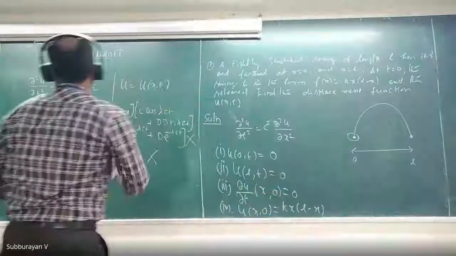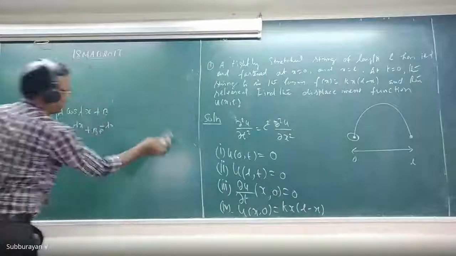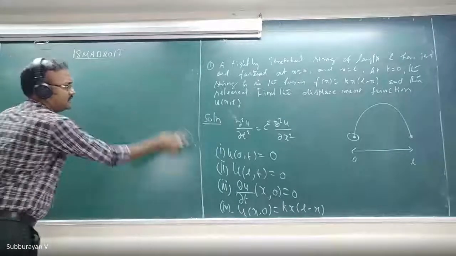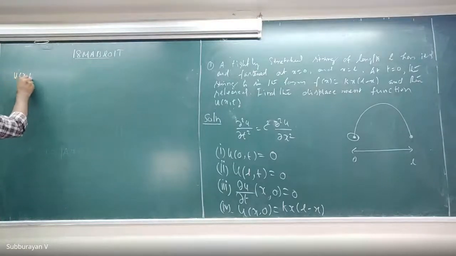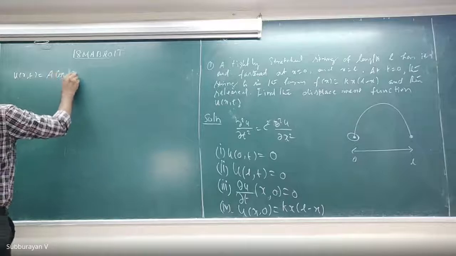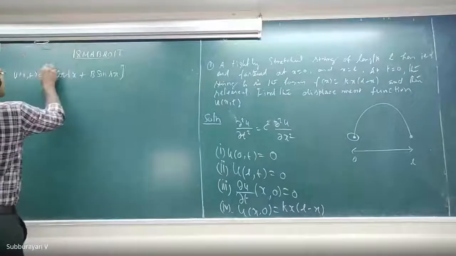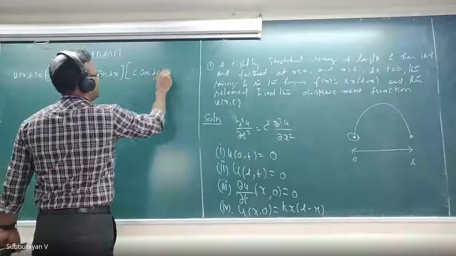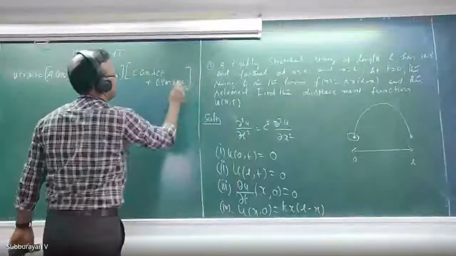As we know, the suitable solution for the above problem is u(x, t) equals (A cos λx plus B sin λx)(C cos λct plus D sin λct).